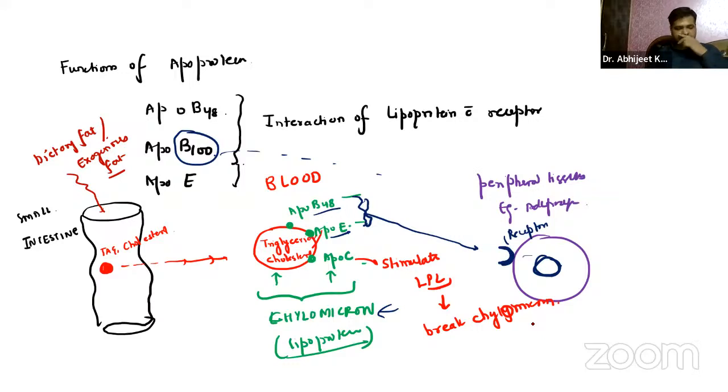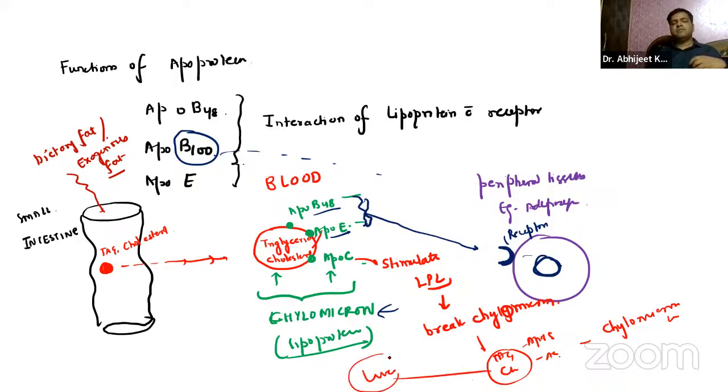So automatically a remnant is left, that is triacylglycerol plus cholesterol along with ApoB48 and ApoE. This is called the chylomicron remnant, which will go into the liver. That is something you have to remember.